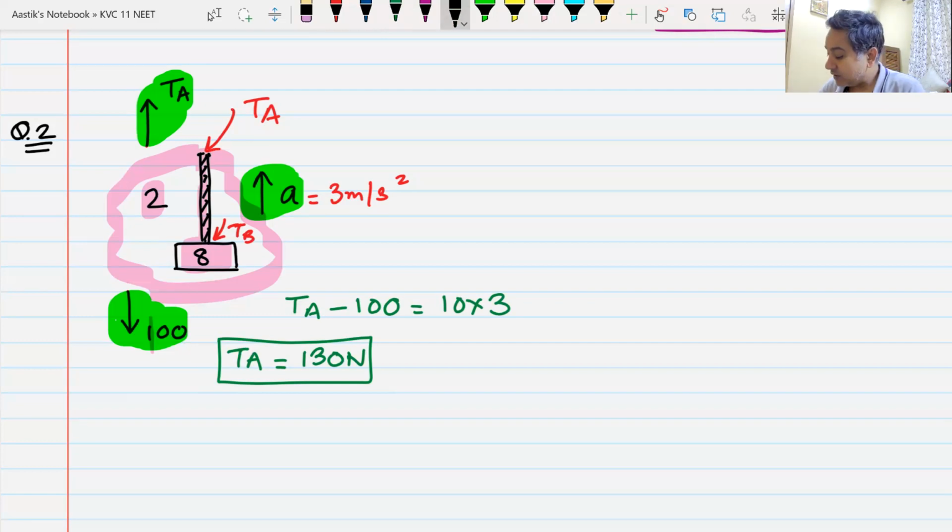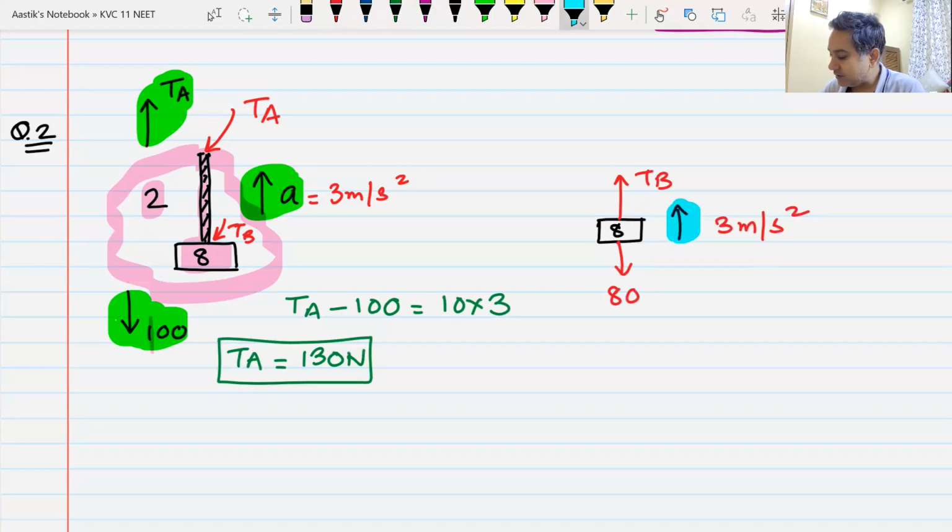Then to get the tension at point B, I will just take this block, 8 kg, and draw the free body diagram. This is tension at point B. This is 80 newtons. This is moving upwards with an acceleration of 3 meters per second squared. Can anyone tell me the equation of this block?